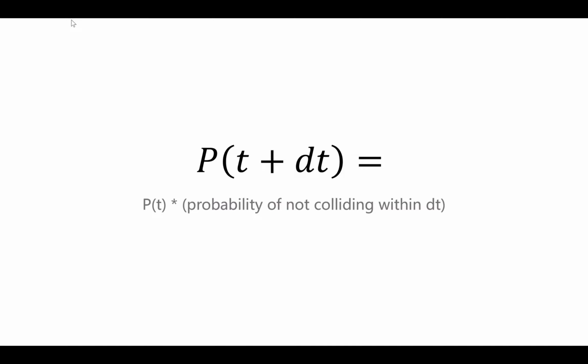And the term in parentheses is just 1 minus the probability of you colliding, because 1 is the total probability, and the probability of colliding in dt just equals the number of molecules you should encounter in dt. Just imagine this. If you are expected to encounter one molecule in dt, it means that you are sure to collide with another molecule. So the probability of you surviving this dt is 0. So this term makes sense.